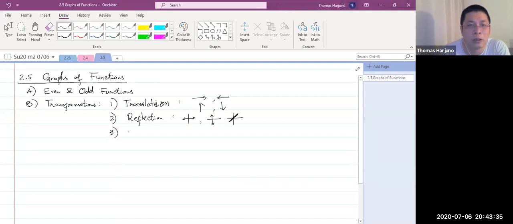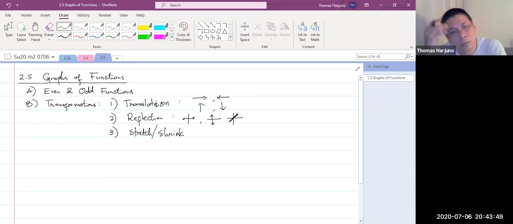And then the third one is stretch or shrink. Usually we call that dilation. You dilate it.